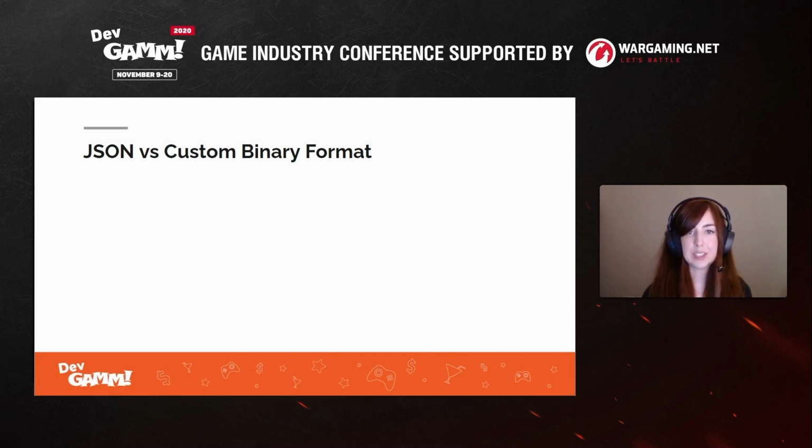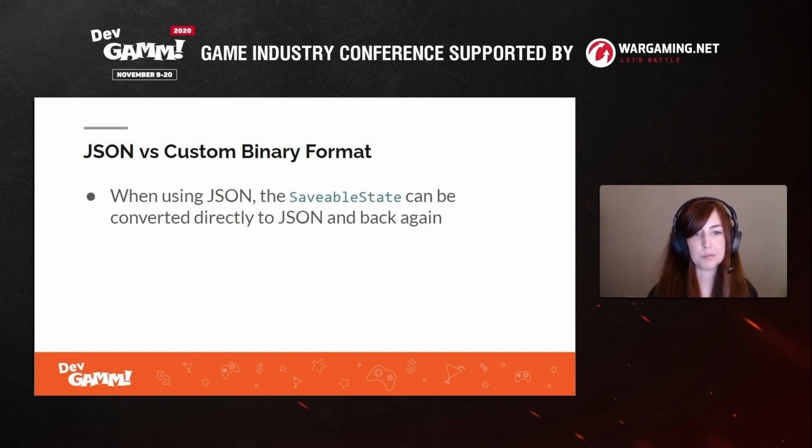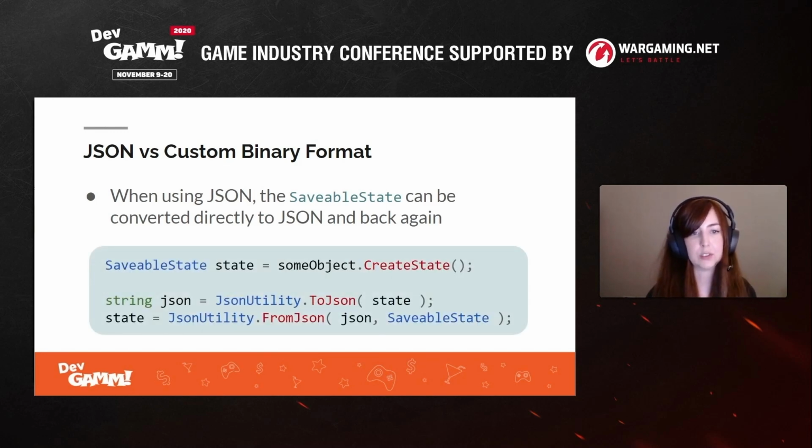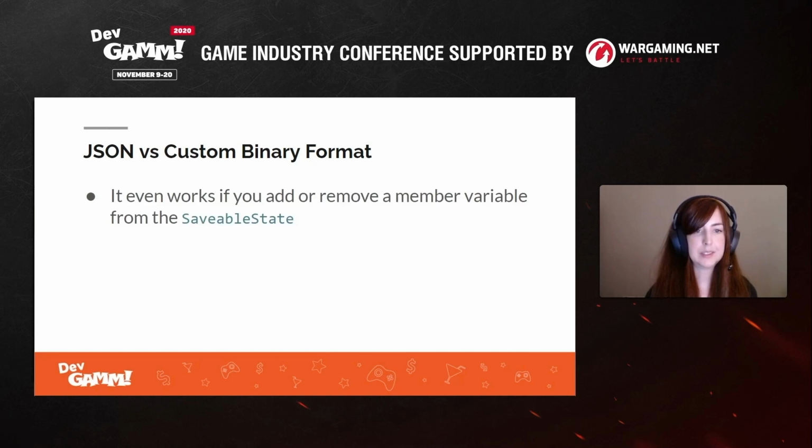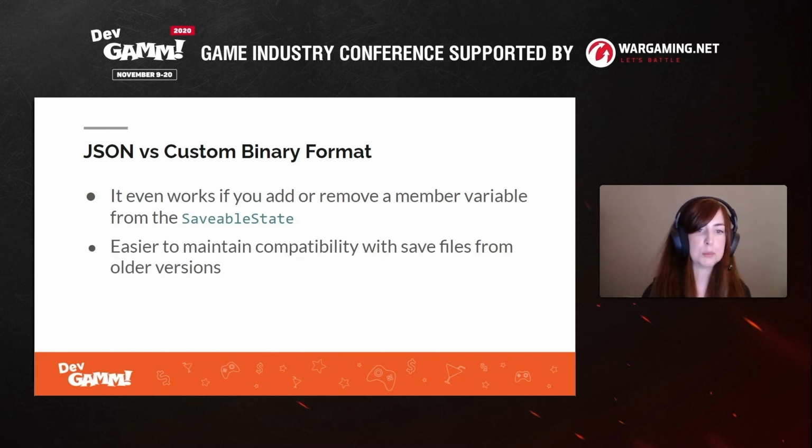When using JSON, on the other hand, you can take a serializable class and convert it directly to JSON and back again, like this. This even works if you add, remove, or reorder the variables in your serializable class, which can make it easier to maintain compatibility with save files from older versions of the game.